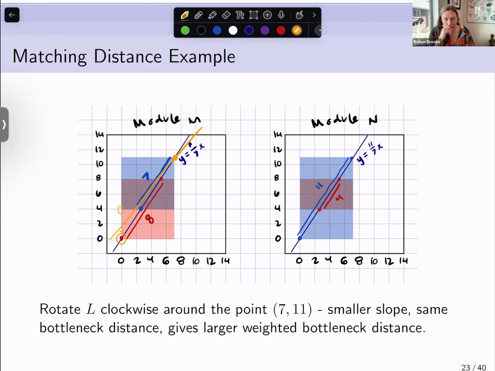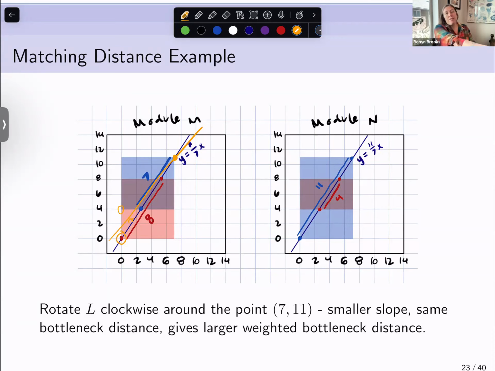It separates them in the same way. And we saw that we could rotate this line here and get an increase in the weighted bottleneck distance.